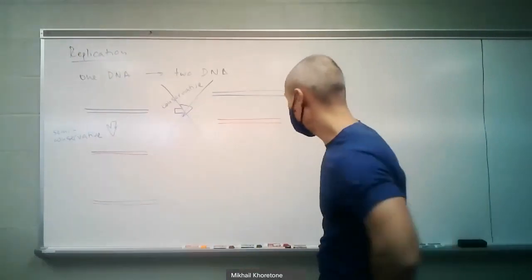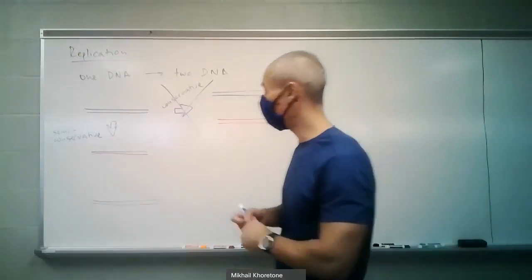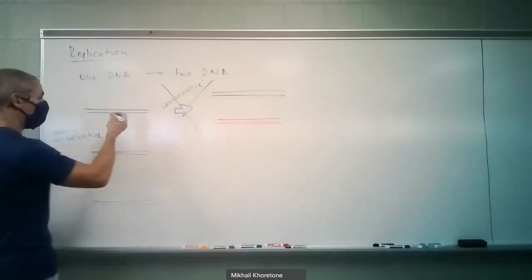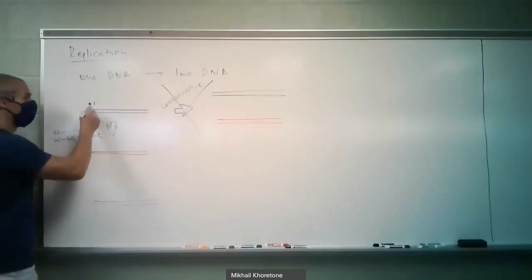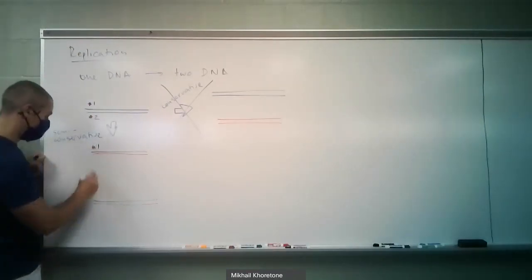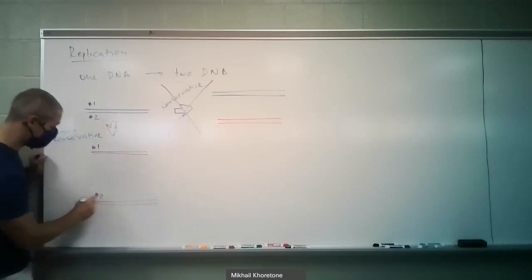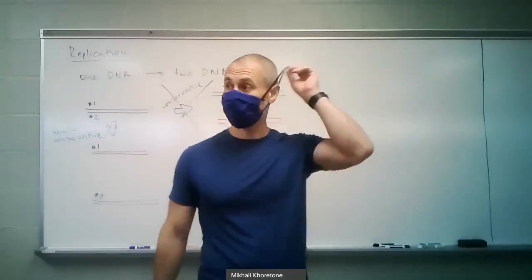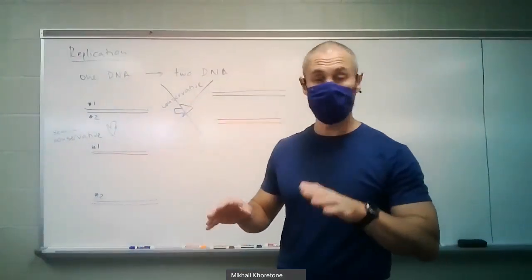Okay, now look at this thing here. Let's say we're going to name this strand number 1 and this strand number 2. So if this is number 1 and this is number 2, remember these strands are complementary. You see what I'm saying?